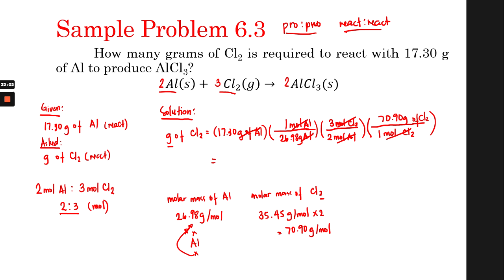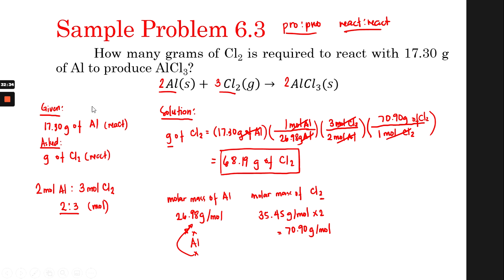Then you just have to plug in all of this into the calculator. 17.30 times 1 divided by 26.98 times 3 divided by 2 times 70.90 divided by 1, and that would actually give you about 68.19 grams of Cl2. So that's how you solve this sample problem.